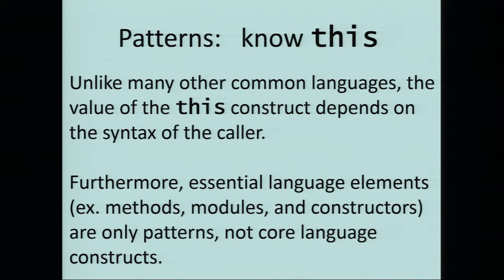Oh, I first want to make an aside and talk about the this construct. I want to use that as a way to talk about some of the essential language elements of JavaScript. Methods, modules, functions, constructors, these all are the same thing in JavaScript, or at least they're built with the same few tools.